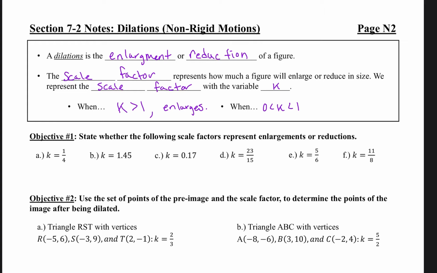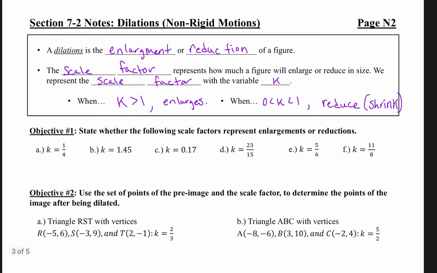But if it's something like 1/2 or 0.83, something like that, we know it's going to reduce or shrink. So a fraction less than 1 is a shrink, where a number bigger than 1 is an enlargement. If something is equal to 1, it doesn't change. 1 means it stays the same. So we're never going to have situations where the scale factor is exactly 1.